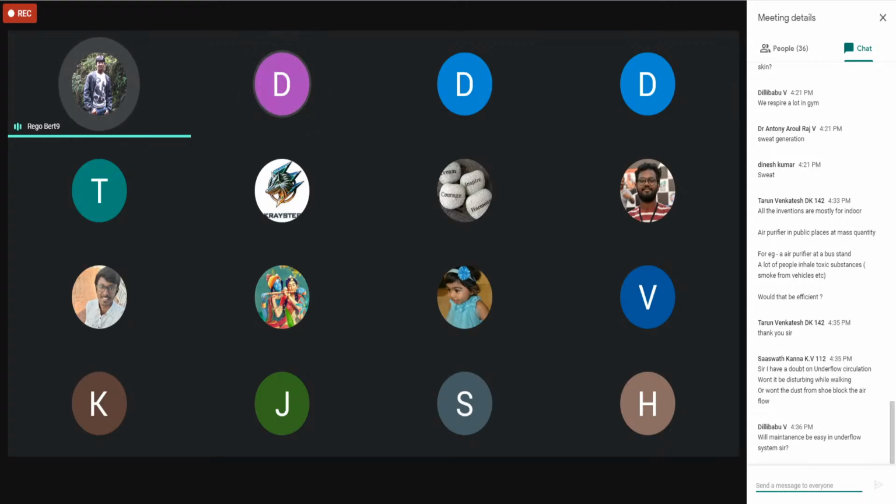Maybe I can share some image. I'll take it right away. Sorry for showing my screen, but I'll just get that information. We have done a project in Coimbatore.